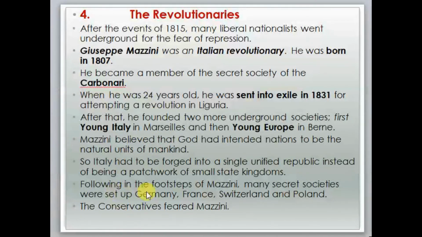Following his model, secret societies were set up in Germany, France, Switzerland, Poland. Mazzini's relentless opposition to monarchy and his vision of democratic republic frightened the conservatives. Metternich described him as the most dangerous enemy of our social order.